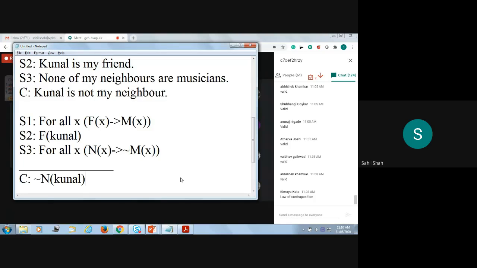So while telling the validity, what do we want? This conclusion has to be true. In order to have the conclusion as true, N of Kunal should be false. If this is false, then its negation will be true.